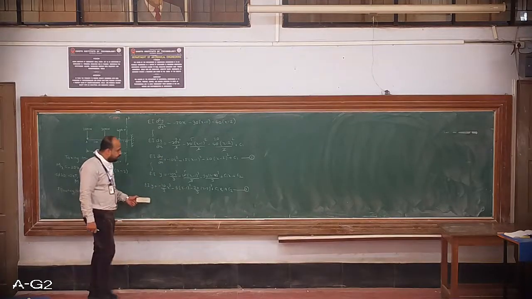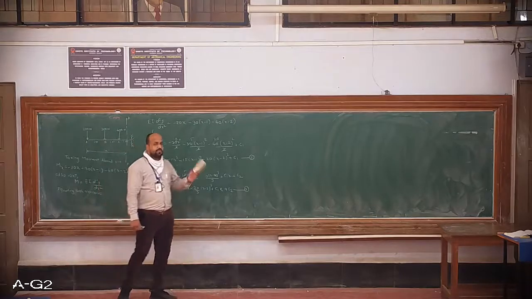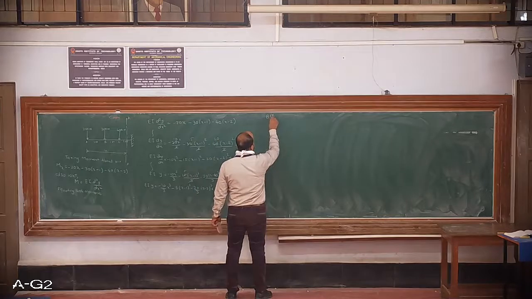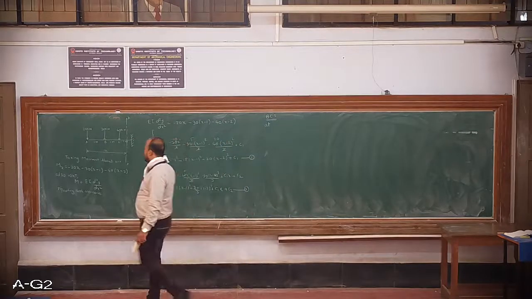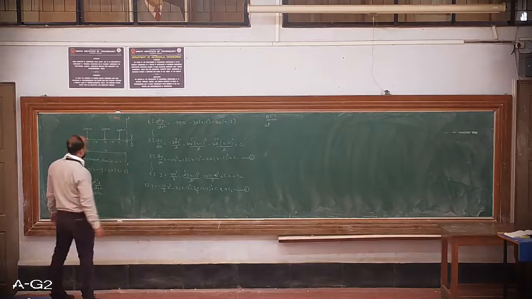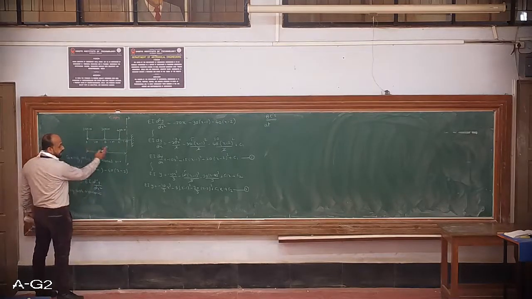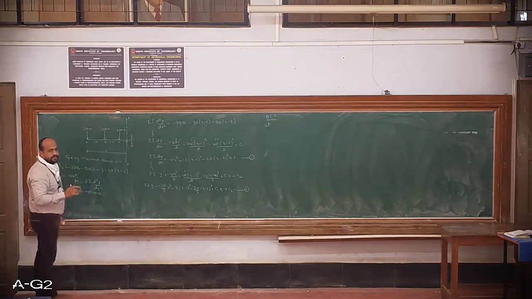Next, what I need to do? I need to find those C1 and C2 by applying boundary conditions. So boundary conditions. Tell me, where will the slope be 0? At x increment from the free end. So at x is equal to 3 meters, what is the value of slope?